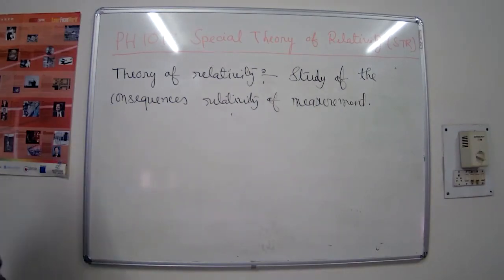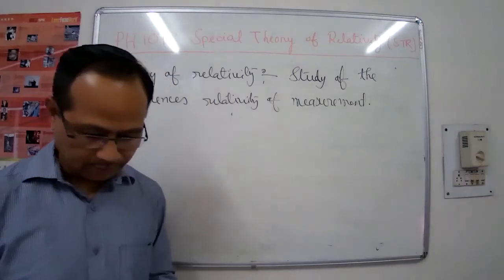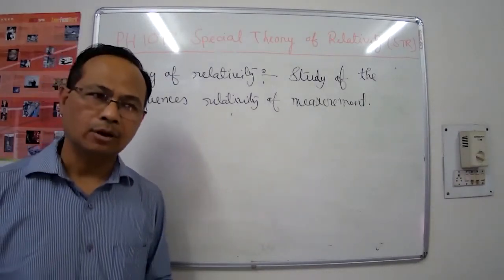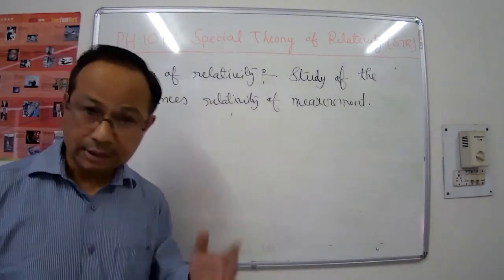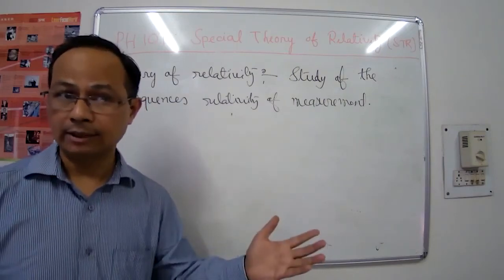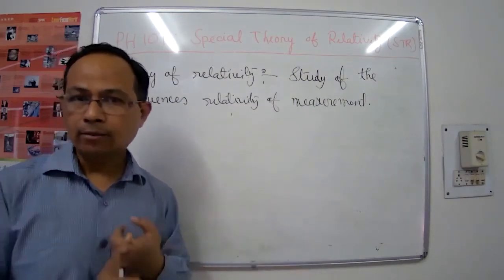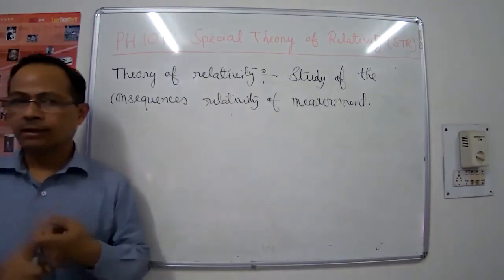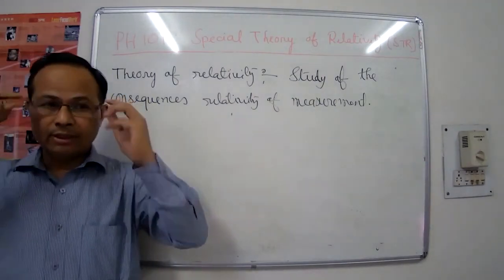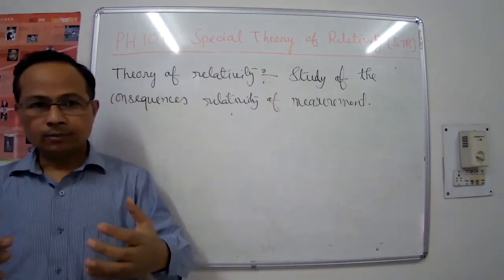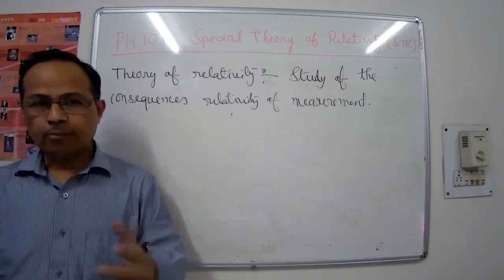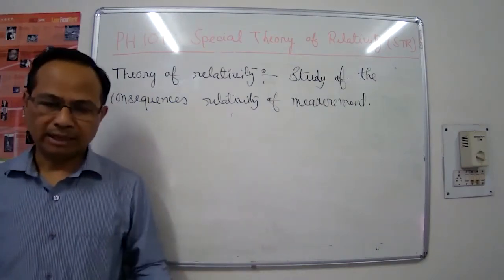In the previous class, one question was asked: why am I bringing the example of the discovery of Neptune? Is it related to the special theory of relativity? So the discovery of Neptune is not directly related to the special theory of relativity. I brought it in to demonstrate the profound influence of Newtonian mechanics.